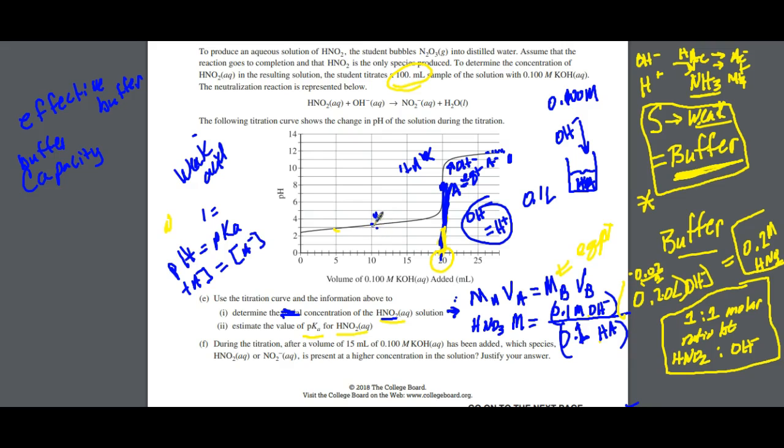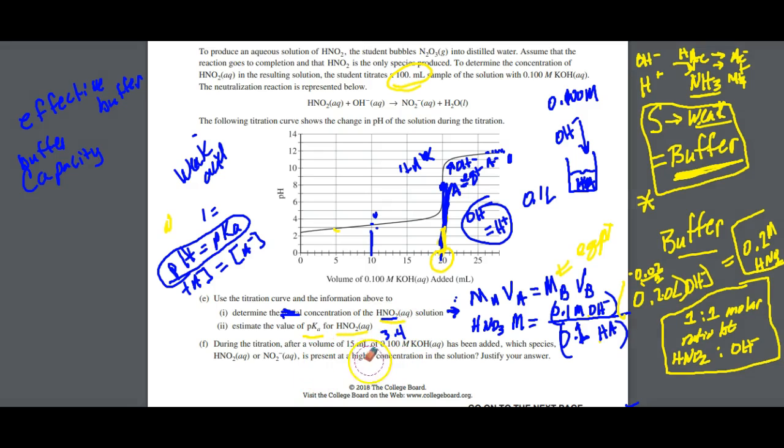It didn't make it to 3.5, but it's very close. So I'm going to call that 3.4. So pH is equal to pKa at that half equivalence point. So don't forget that. Okay, that's important. All right. Next.